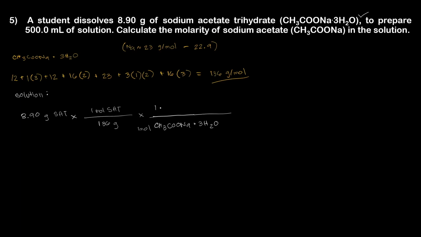There's only one. Why? If you look at this, sodium acetate is basically this without the water, without the trihydrate. We were asked how many sodium acetate in sodium acetate trihydrate, and based on its chemical formula, there's only one of this in this.